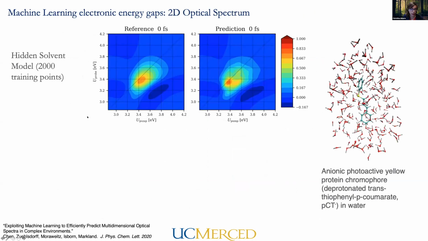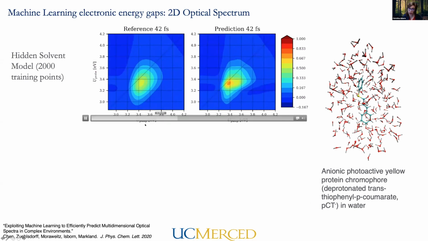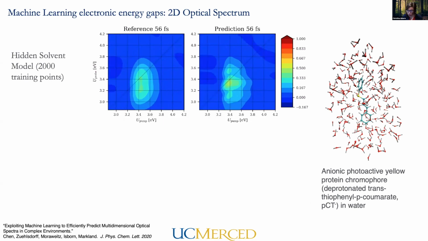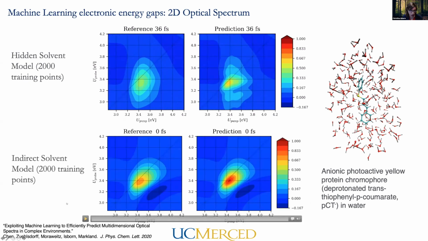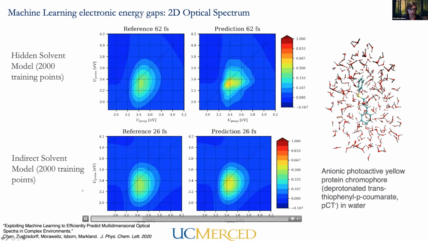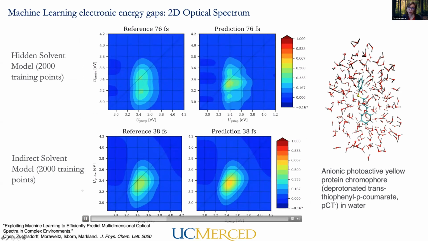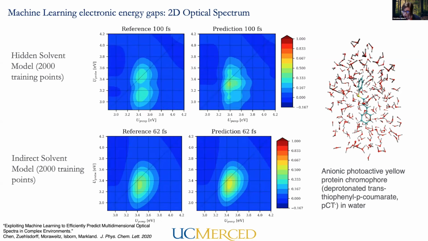And then here are our 2DES results that we get when we go to nonlinear optical spectroscopy with the hidden solvent model, not quite matching the reference. But then, let's see if I can advance past the movie stage. If we compare our indirect solvent model to the full TDDFT calculations, you can see that the spectra are qualitatively, if not quantitatively, the same here.